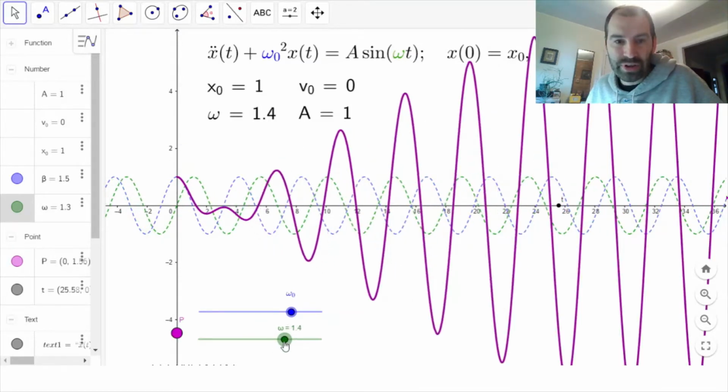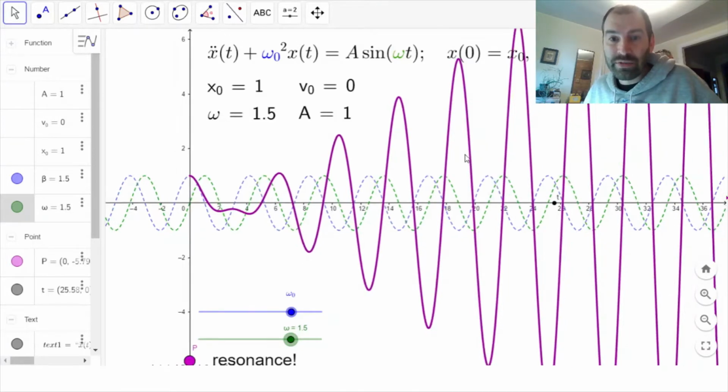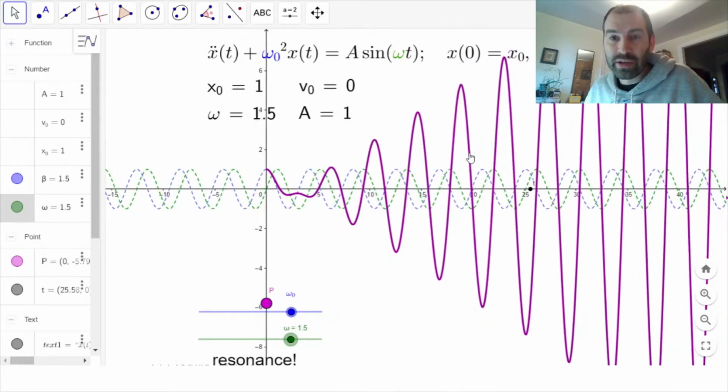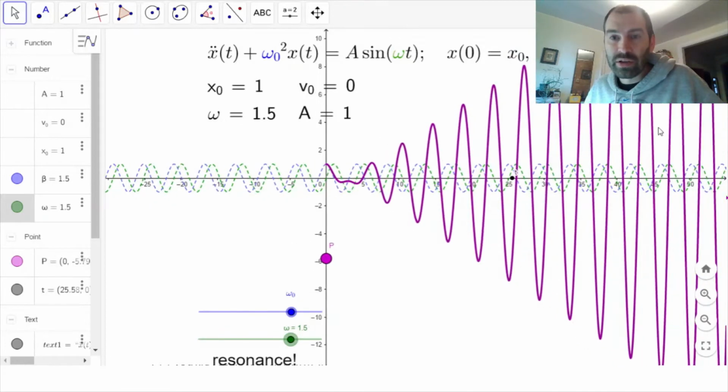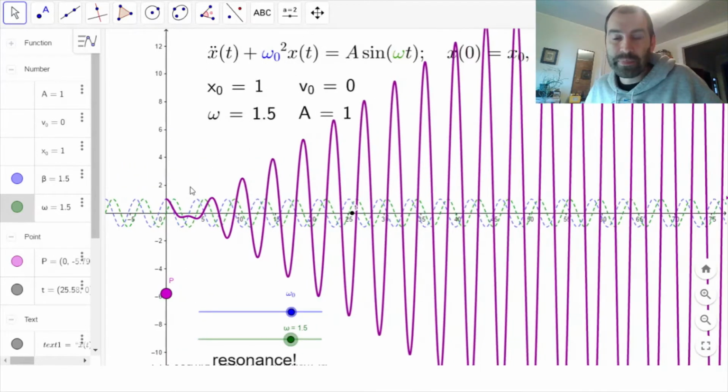The amplitude is starting to get very high. And if I actually align them so they're equal, that's what we're calling resonance. Now, it's not just very big, it's growing and growing forever, right? It just keeps on going until in real life the spring would just break. Something would go terribly wrong here, right? So why is this happening?